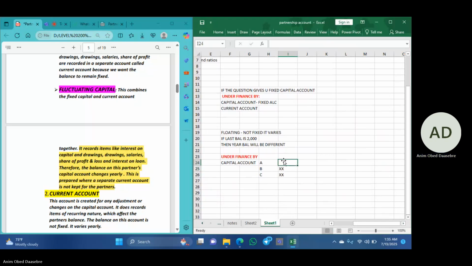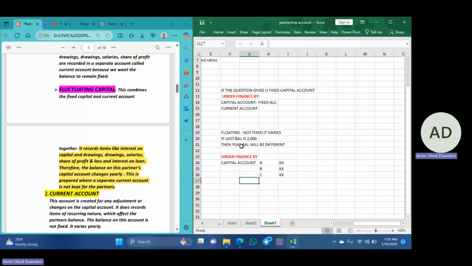So guys, this is the difference between the capital accounts of the partners and how you go about recording the finance by. So if the question gives you a fixed capital account, you will record both capital account and current account.